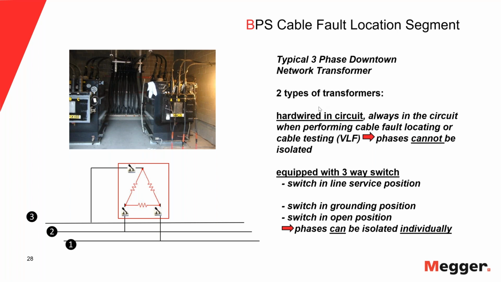Obviously, an operating switch when the transformer is cut into the circuit, then you typically have a grounding position, and you have, and that's the most important for us from fault locating point, we can open the transformer. So if you see here in this diagram, if I open the transformers, now I have 3 individual cables, and I can actually fault locate on A phase, B phase, or C phase. If I don't have those switches, I cannot do that.